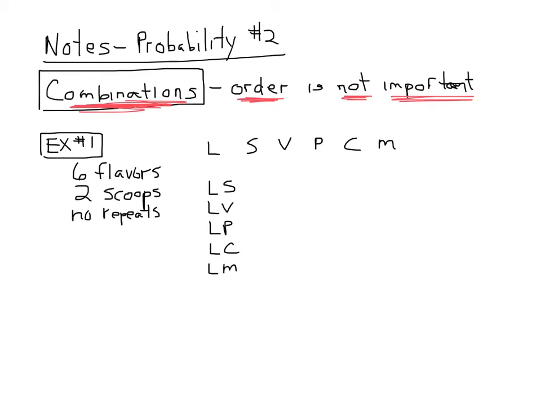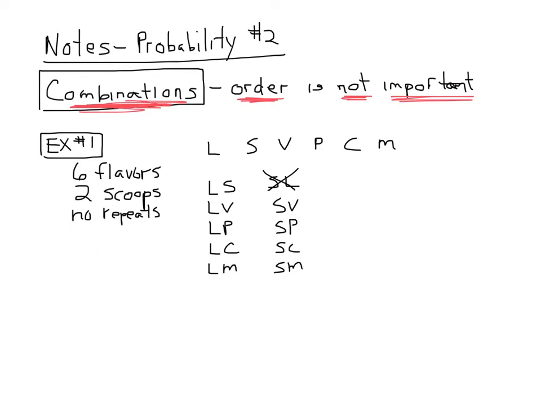Now, I'm trying to make an organized list here. I could write strawberry lemon, but I don't need to. I already have the strawberry and the lemon combination. See, even though the order's changed, it doesn't make a difference. That's the same ice cream order. So I don't want this one. But I'm going to have strawberry vanilla, strawberry peach, strawberry chocolate, strawberry Moose Tracks.